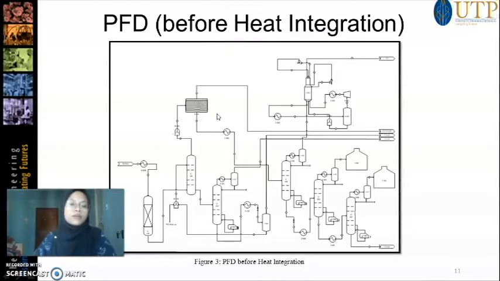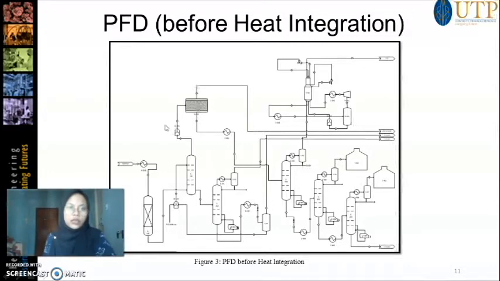Hi, so this is our PFD before heat integration. We drew our PFD by using visual software. So this PFD tells that this section covers the MRU process unit.